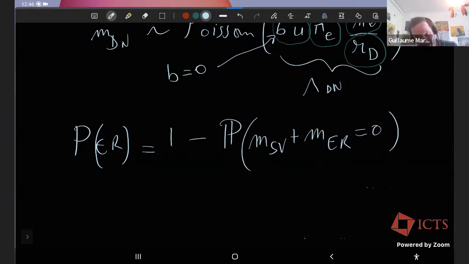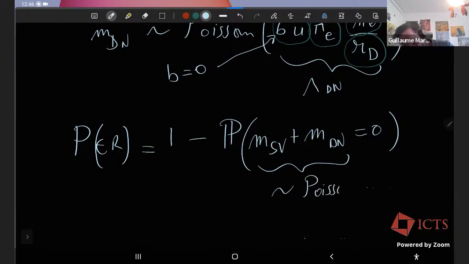And then we use again the properties of the Poisson: if the two things are Poisson, then the sum of the two is Poisson. So this thing is Poisson distributed with a rate equal to lambda, which is lambda SV plus lambda DN, the sum of the two rates.